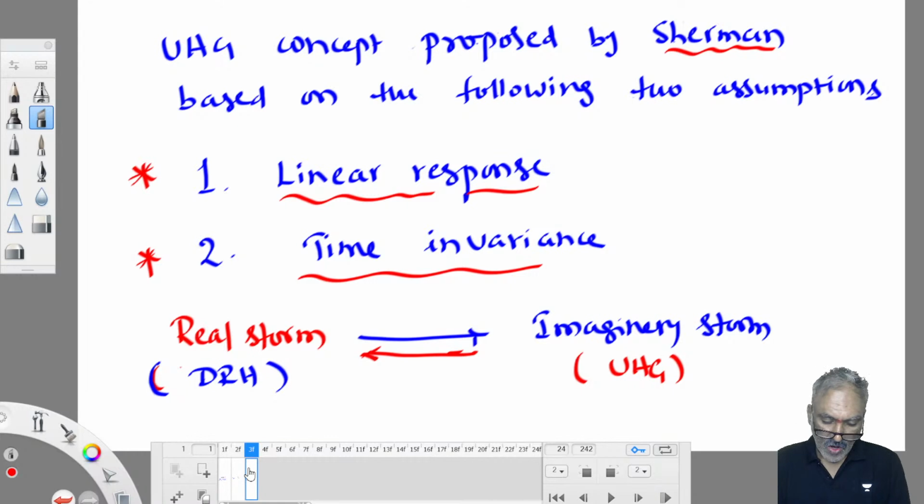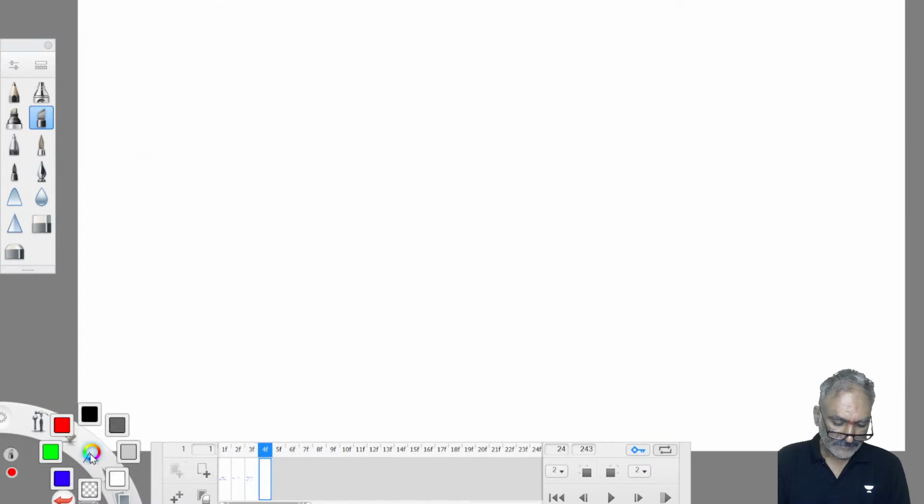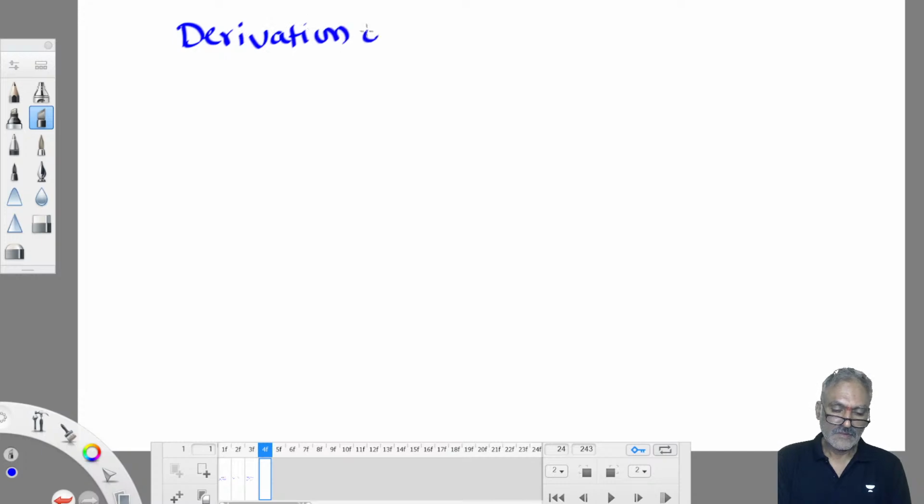Okay. So how do we derive this direct runoff hydrograph based on these two assumptions? Let us see with the help of the unit hydrograph. First of all, let us know how to derive the unit hydrograph from the real storm hydrograph. The real storm hydrograph is normally given to you.